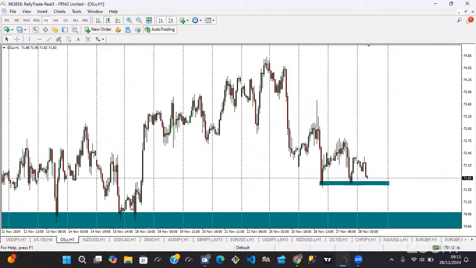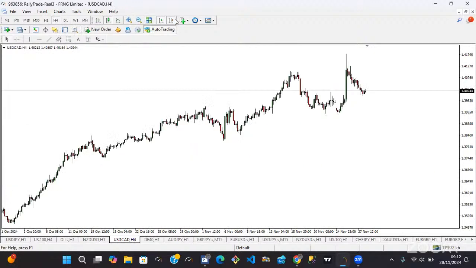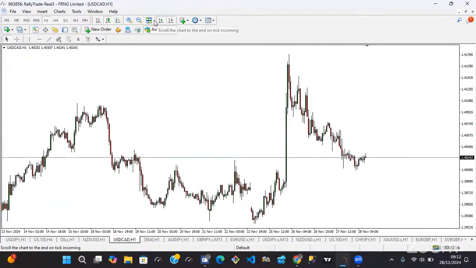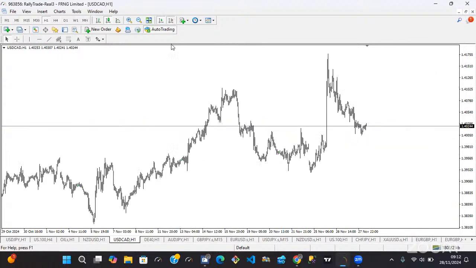And then the person who mentioned USD CAD. I think we are still bullish. It gave a break of structure, but it resumed that bullish momentum.